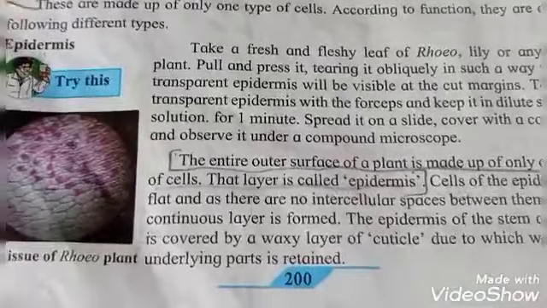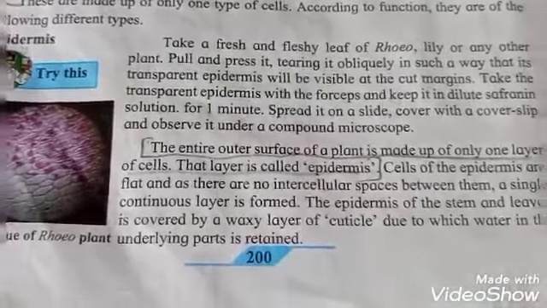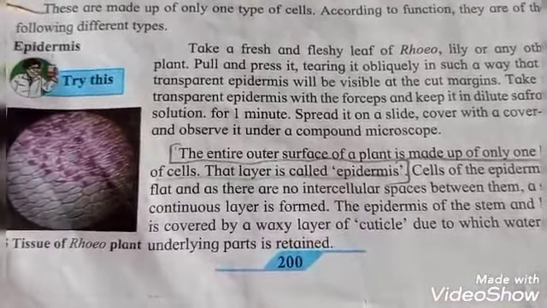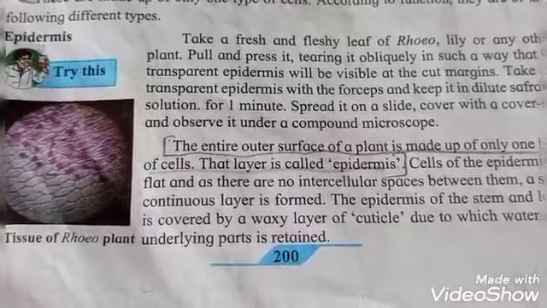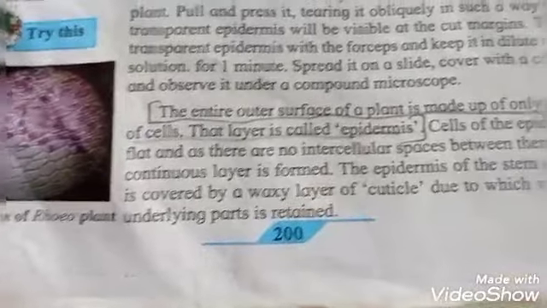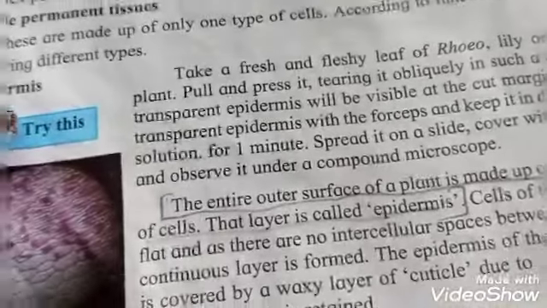The entire outer surface of the plant is made up of only one layer of this cell. That layer is called the epidermis. The cells of the epidermis are flat and there is no intercellular space between them.